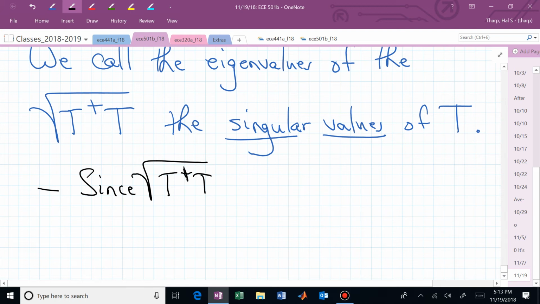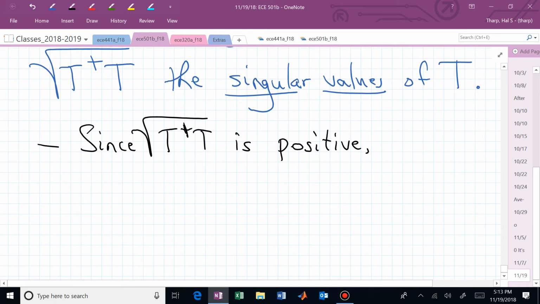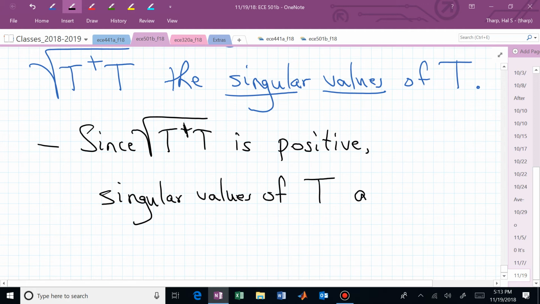And since this positive square root of T dagger T is in fact a positive operator, then we know that the singular values of T are always non-negative.